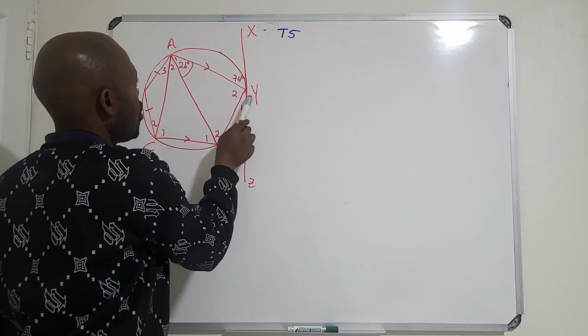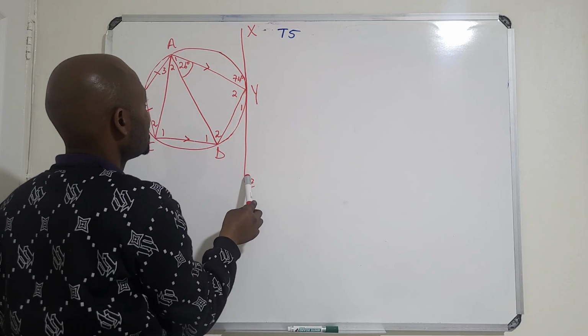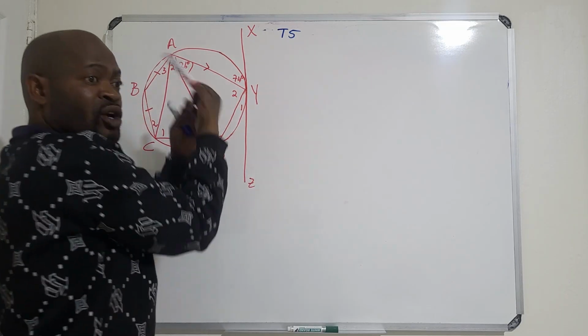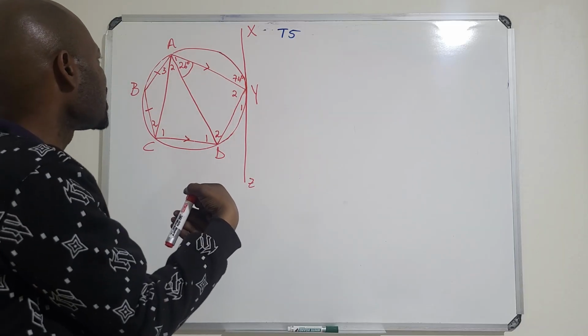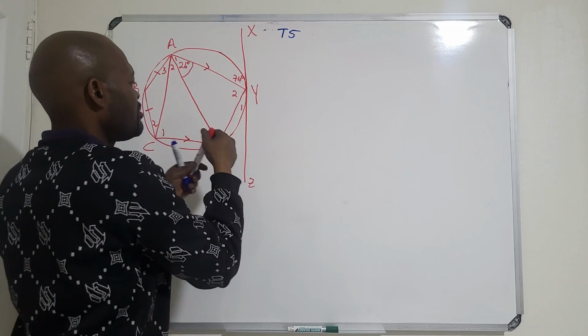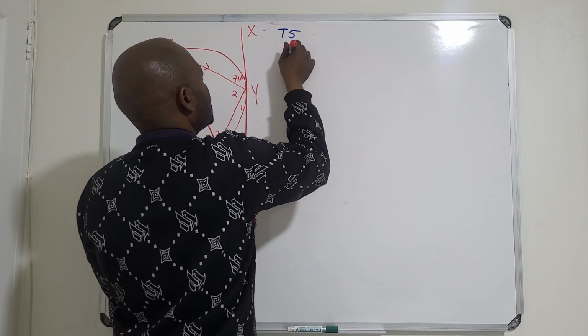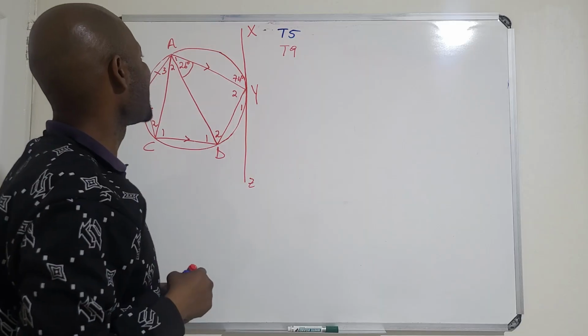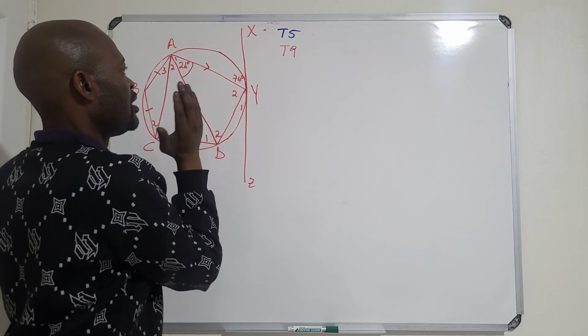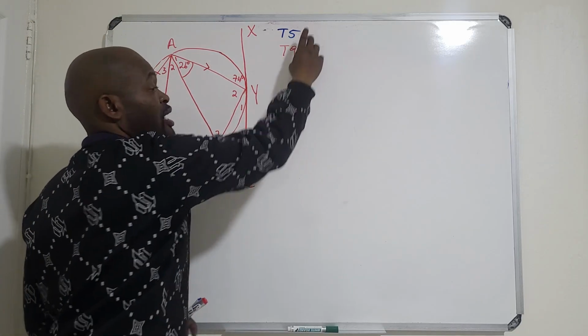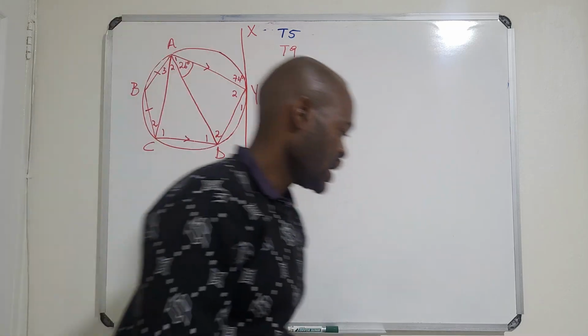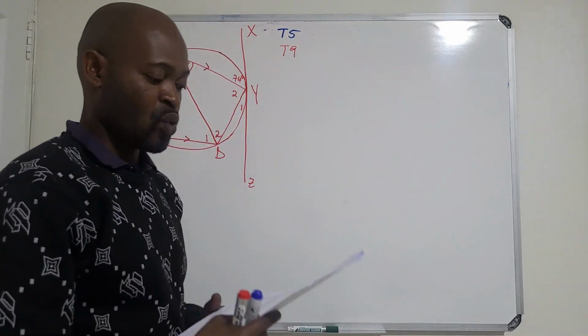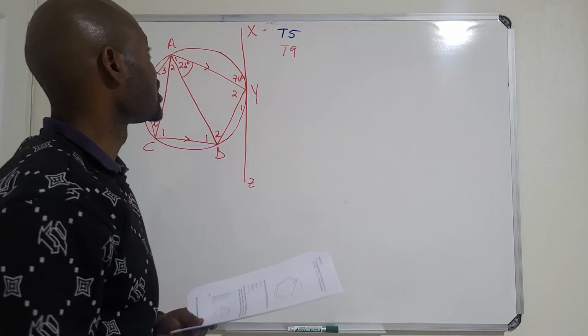The angle between the chord and the tangent is equal to an angle in the alternate segment. Therefore, theorem number 9 is there. So we've got theorem number 5 and theorem number 9 in this problem. We are going to use these theorems and what we have learned in part 1 to solve this problem.